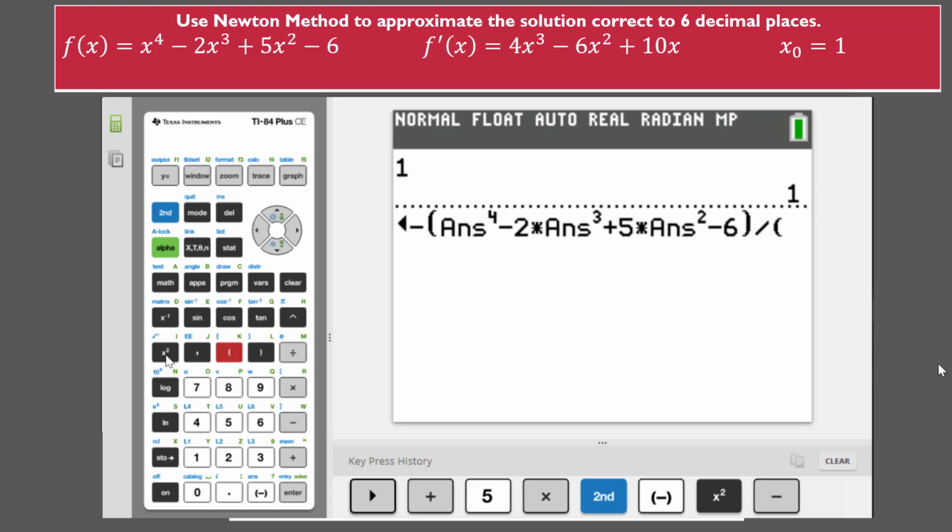In this parenthesis, we are going to enter the derivative of the function at ans. The first derivative is 4x cubed minus 6x squared plus 10x.